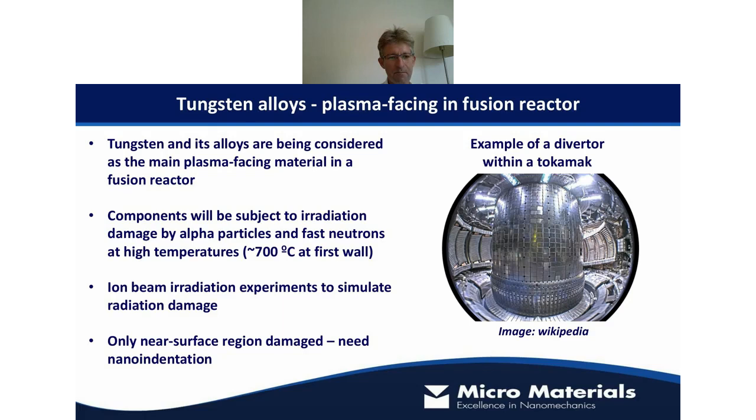So typically, it's intended to study these things by surrogates involving ion beam irradiation. This has the benefit of simulating the radiation damage, but not making the entire components radioactive. And the reason why is because the stopping distance of these ion beams is relatively small, so it's only the near surface region which is damaged. So when you need to understand the high temperature properties after irradiation, then you need to use a surface sensitive technique such as nanoindentation to do the testing.